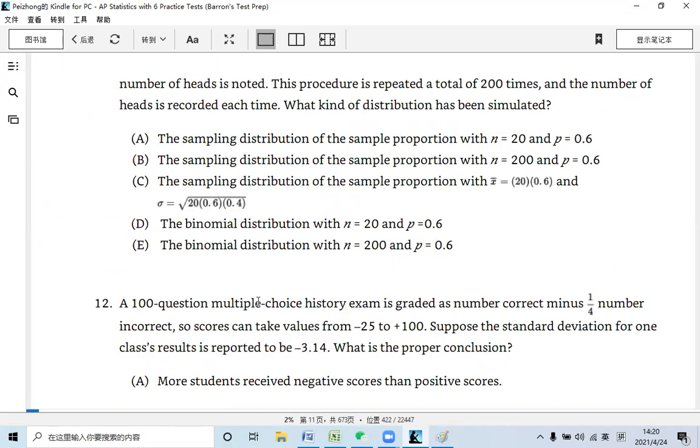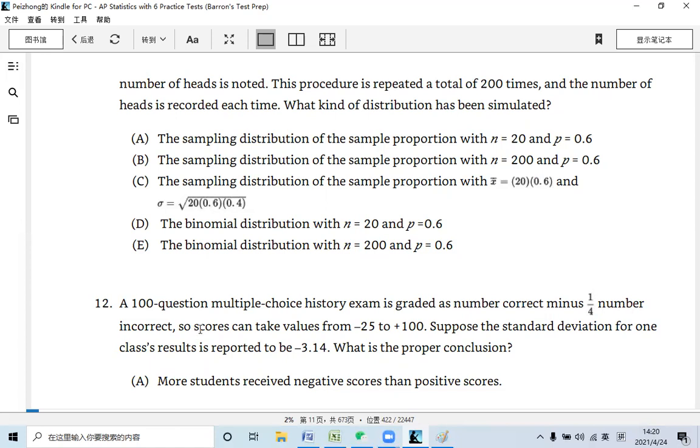A 100-question multiple choice history exam is graded as number correct minus 1/4 times number incorrect.